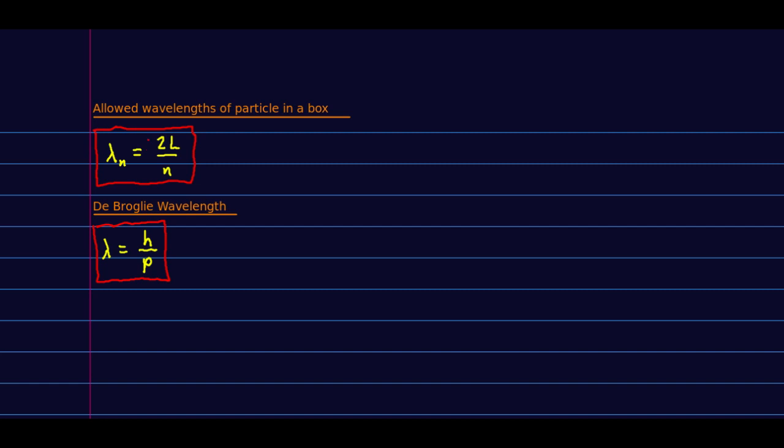And so if it's only allowed to have certain wavelengths, that means it's only allowed to have certain momentums. And we can find them easily. We just set the de Broglie wavelength, and I'll call this the nth allowed momentum, is just like so. All I've done is set this lambda equal to this lambda, which means we can now solve for the allowed value of momentum, and it's just going to be like so.